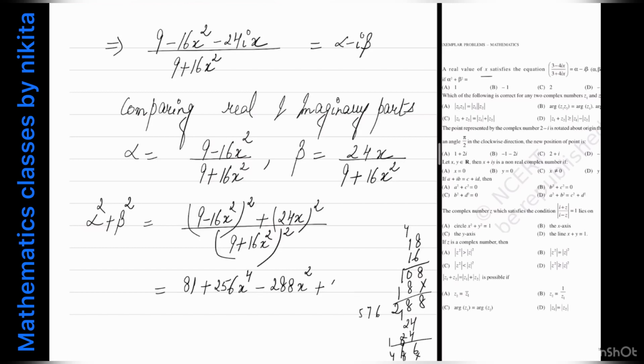So 576x square divided by (9 plus 16x square) whole square.